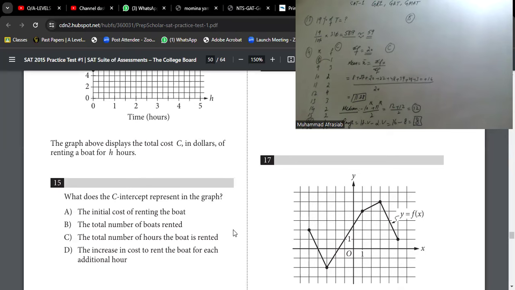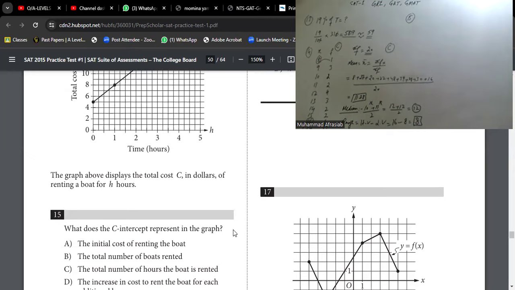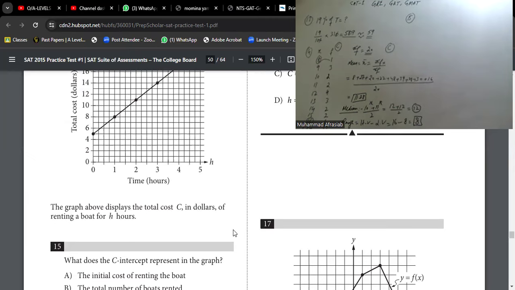So C represents the initial cost. The answer is A. So for question number 15, A is the right choice.